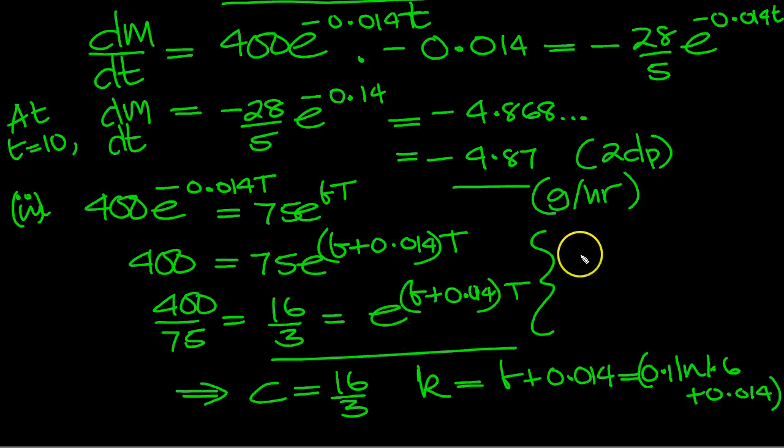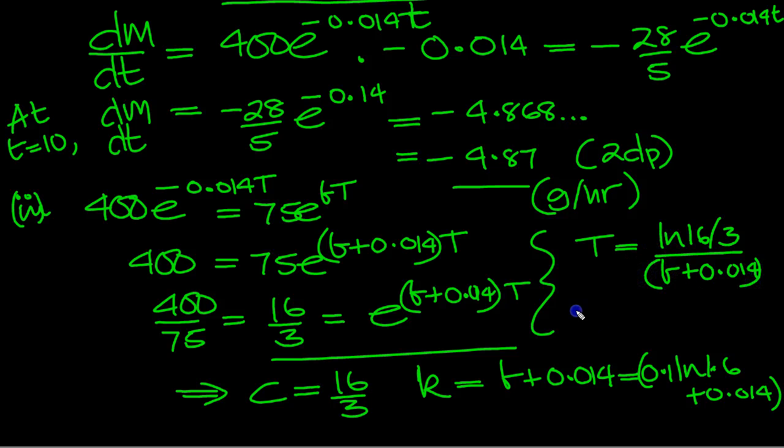So take logs, so this times that comes down to ground level, so I'm just going to write t equals, and when you take logs you get the natural logarithm of 16 over 3, and then when this has come down to ground level, this constant here multiplies here, we can move that underneath to be b plus 0.014. So t equals then, so we can tap this in the calculator.